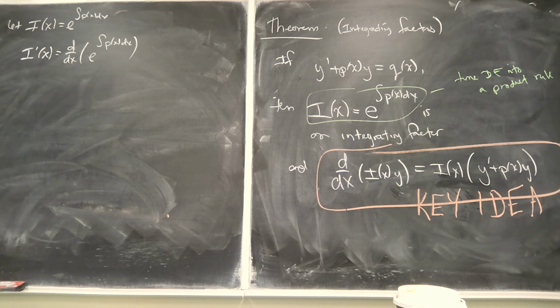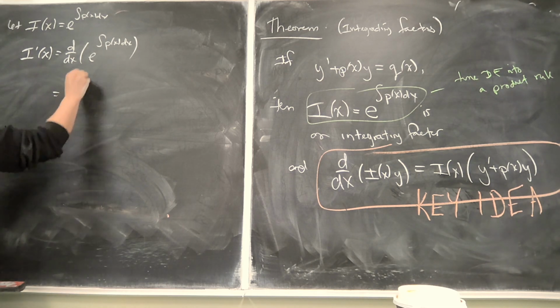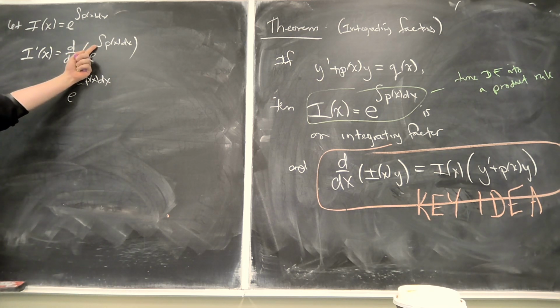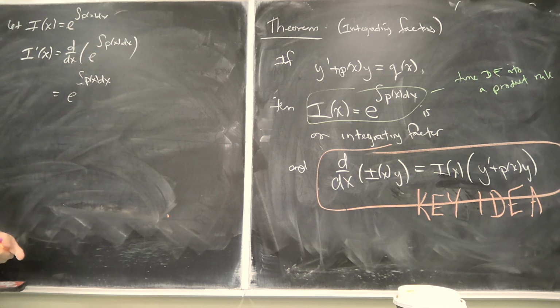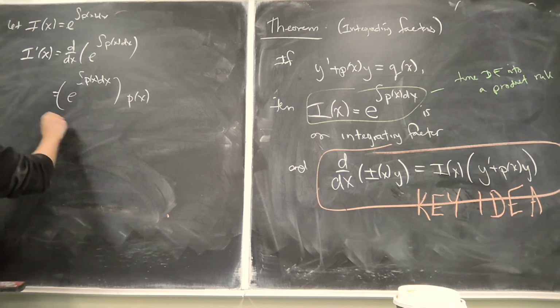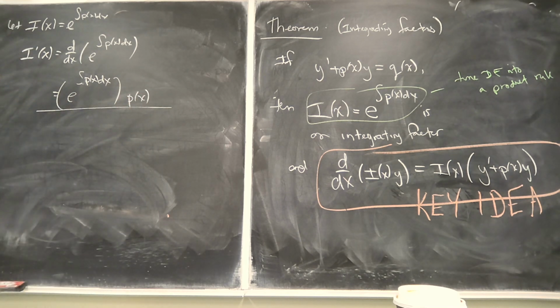The derivative of e to the anything is e to the anything times the derivative of the anything. So e to the anything times the derivative of the integral of p of x. What's the derivative of the integral? It's just p, right? Derivatives and integrals cancel. The derivative of the integral of p of x is just p of x. So we'll store that off to the side for a second.